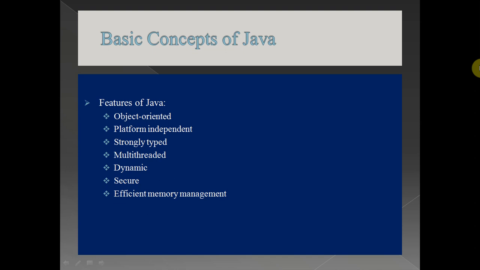Secured: JVM provides the runtime environment for the Java program to run, and the Java program is not allowed to access the machine's environment. It is executed in the Java runtime environment provided by JDK. That's why it is secured. A Java program cannot access the machine environment.